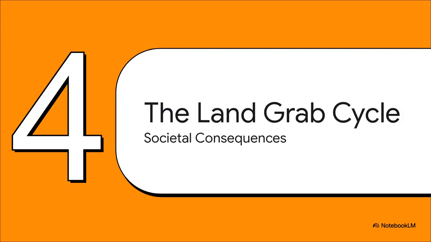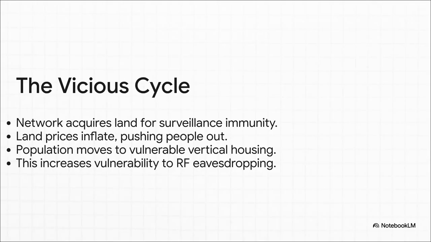Okay, so this focus on land, it's not just about targeting people. According to the source, the network's whole underlying strategy of snapping up huge tracts of land has these massive, cascading effects that ripple out across all of society. The source material calls this a vicious cycle, and here's how it's laid out. First, the network buys up land to create these zones that are immune to electronic surveillance.